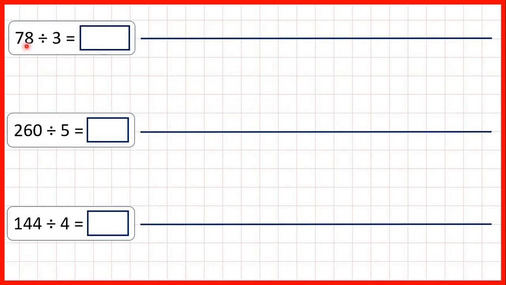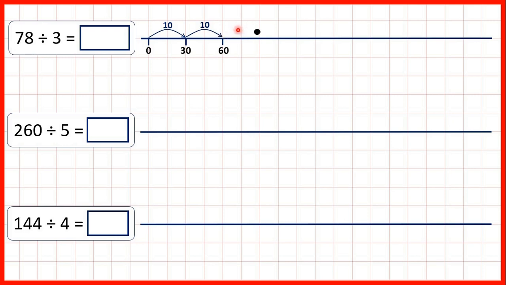But now let's look at a quicker way to do this, a quicker way to divide by chunking. So first we had 78 divided by 3. We can start in the same way, jumping 10 times 3 to get to 30, then another 10 times 3 to get to 60. But now you might know that 5 times 3 is 15.